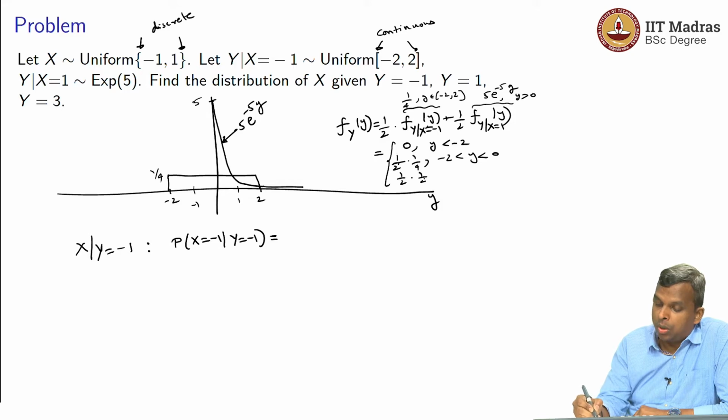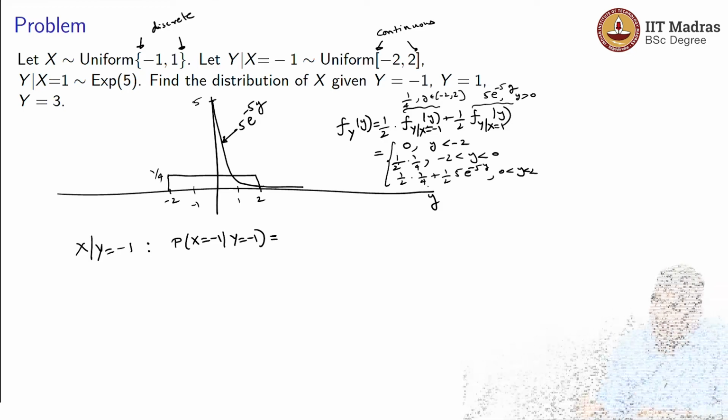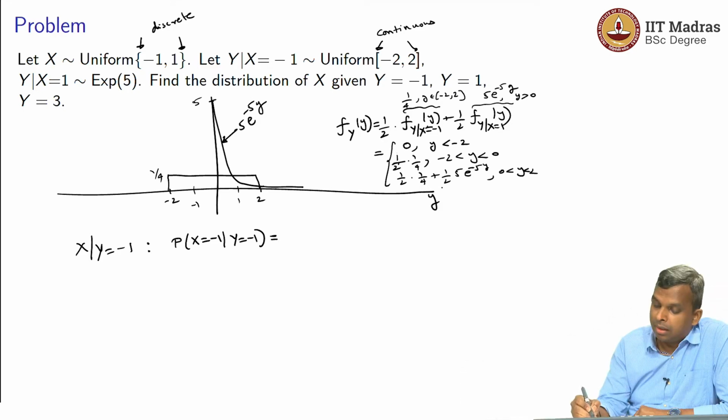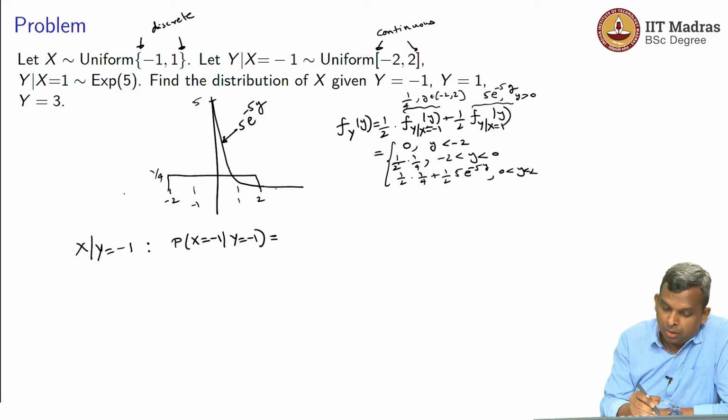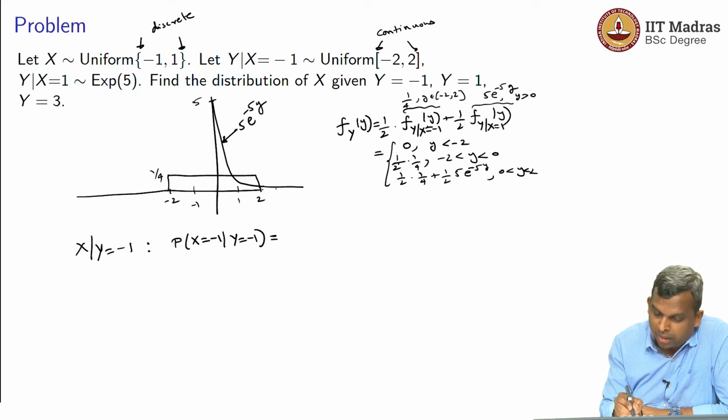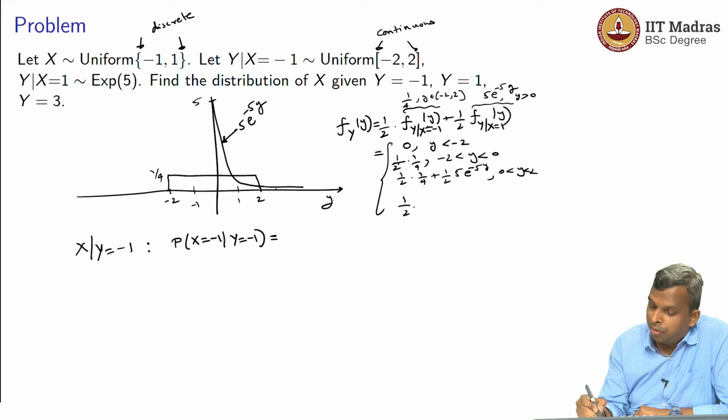It's half times 1/4 plus half times 5e^(-5y) for y between 0 and 2. I'm running out of room here, so maybe I should stop somewhere here. Okay, that's much better. And it's half times 5e^(-5y) for y greater than 2.